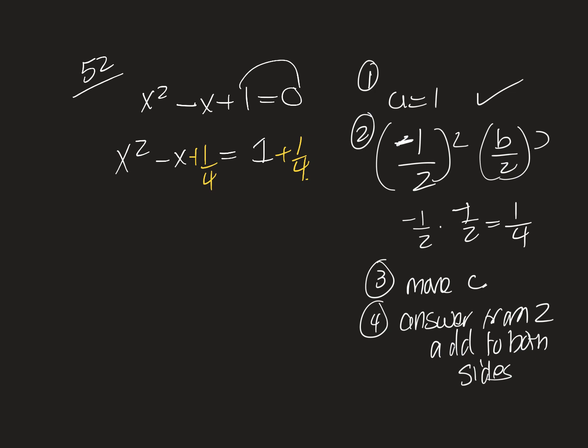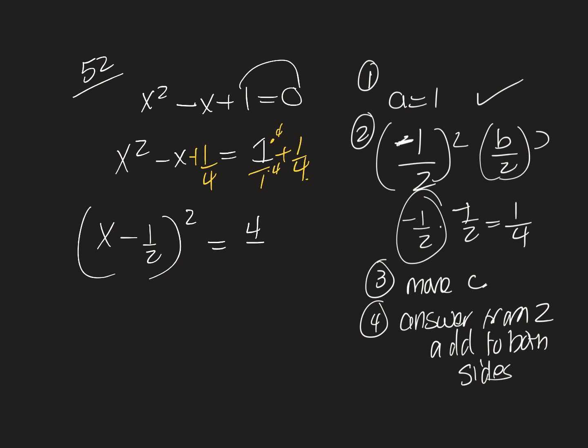Okay, now to make this guy be the same, I'm going to have to times him by 4/4, right? So this one will be x, and we can see that it's 1/2. 1/2 squared equals 4/4 plus 1/4. It's 5/4.